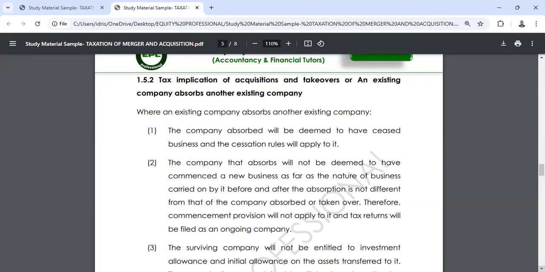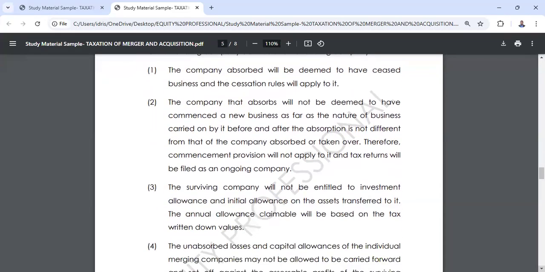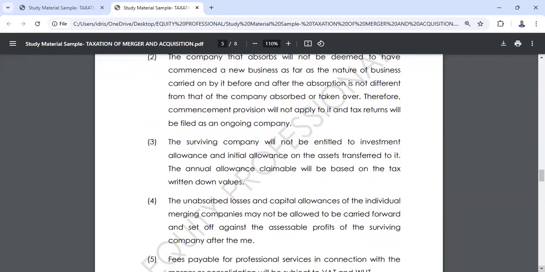Another one: the surviving company, that is the company that acquired another company, will be entitled to an initial allowance on the asset transferred to it.